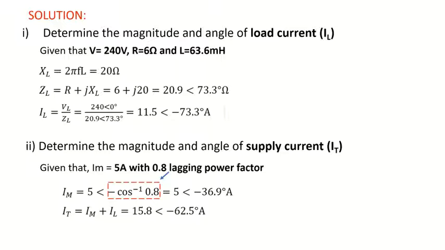So your IL is 11.5 with minus 73.3 degree ampere. That determines the magnitude and angle.